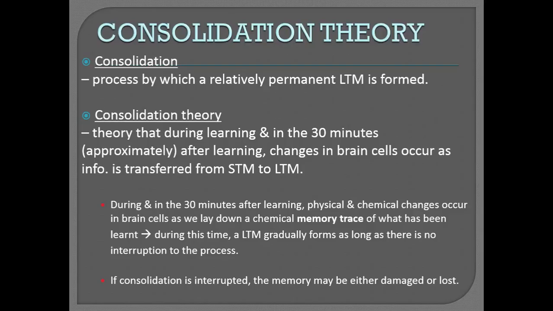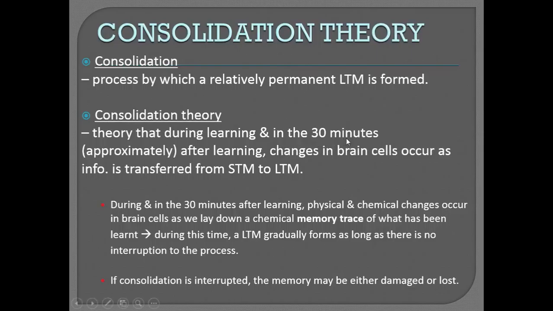The more dendrites and the more neurotransmitters there are, the stronger the memory trace and the easier it is to remember. So when we're learning things, we want to change the neurons, we want to change the brain cells, so that we create strong memory traces and can remember the information easily.